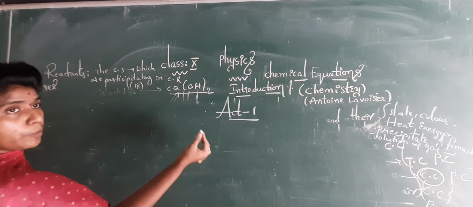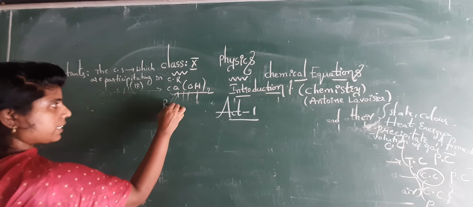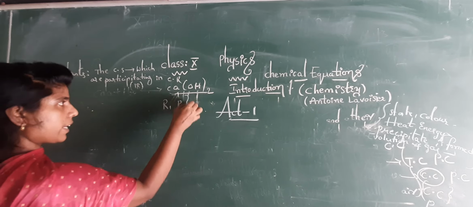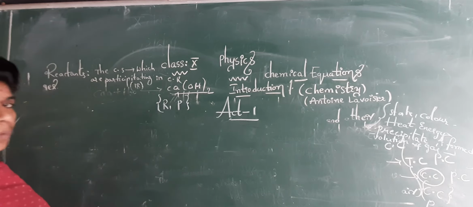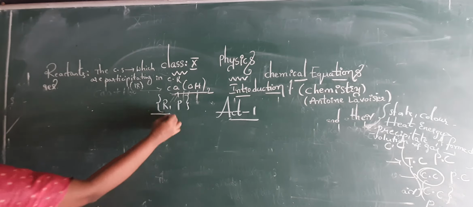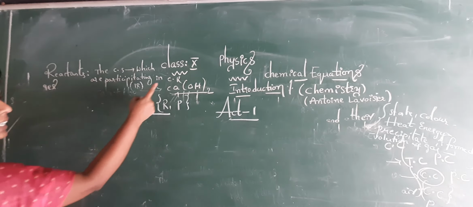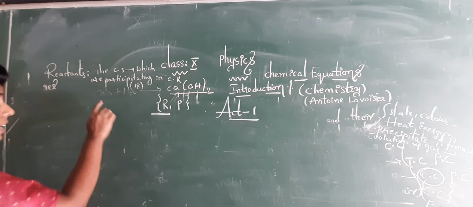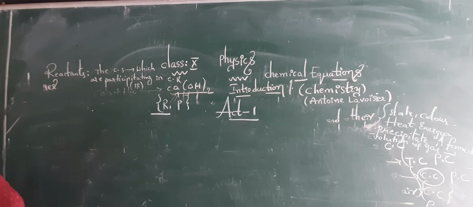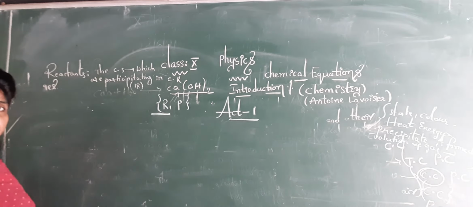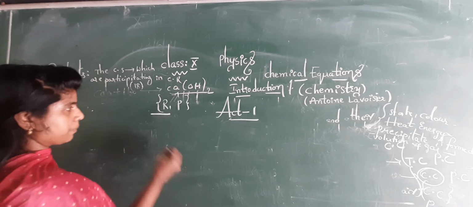Before performing the experiment, we have the terms reactants and products. What do you mean by the term reactants? The chemical substances which participate in chemical reactions are said to be reactants. And the new substances obtained are referred to as products.